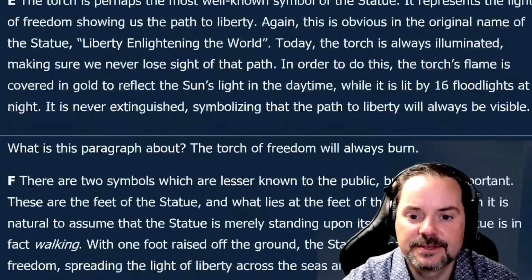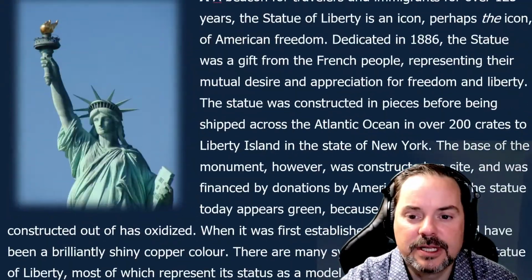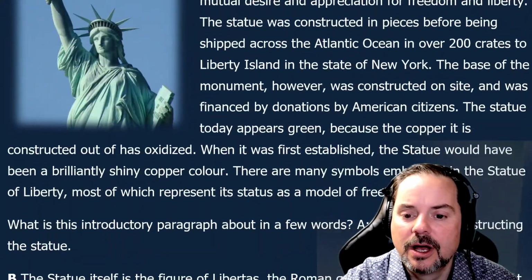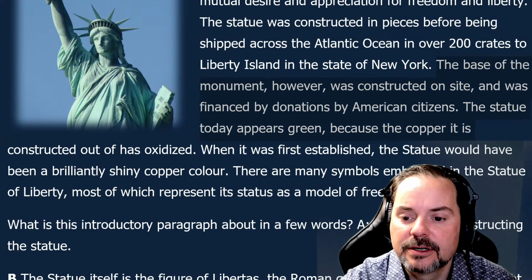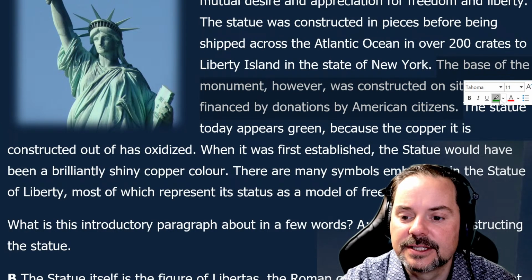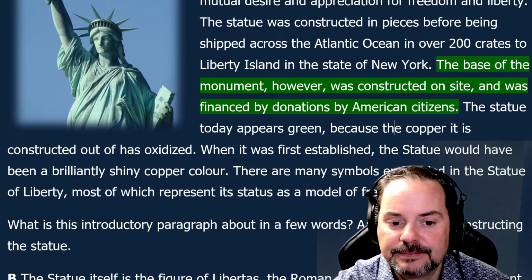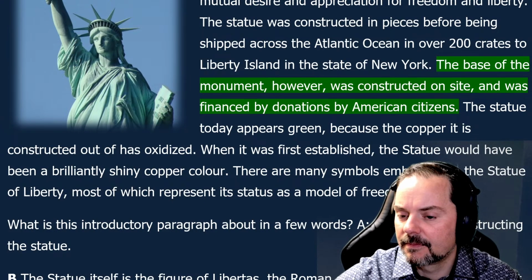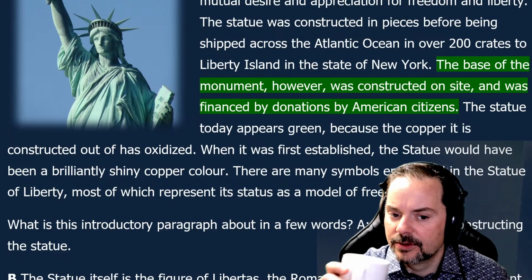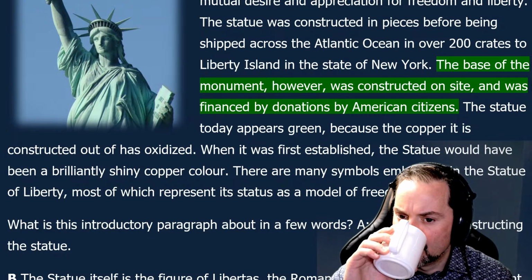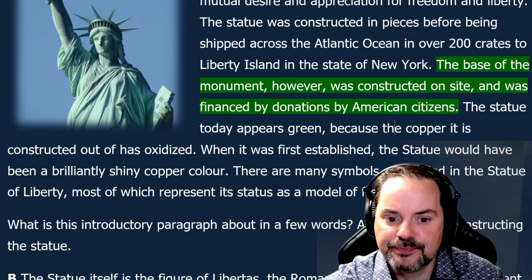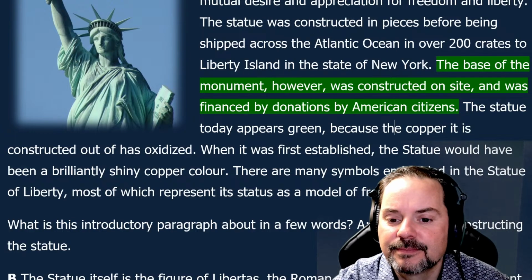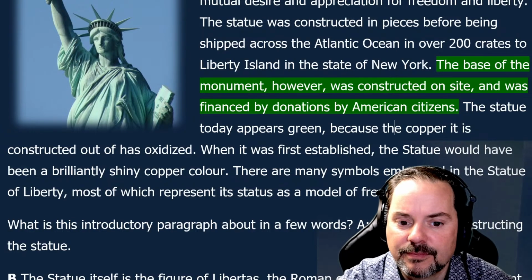Read this sentence. Everybody, make sure you visualize when you're reading. Read this part here, this sentence I just highlighted. The base of the monument, however, was constructed on site and was financed by donations by American citizens.